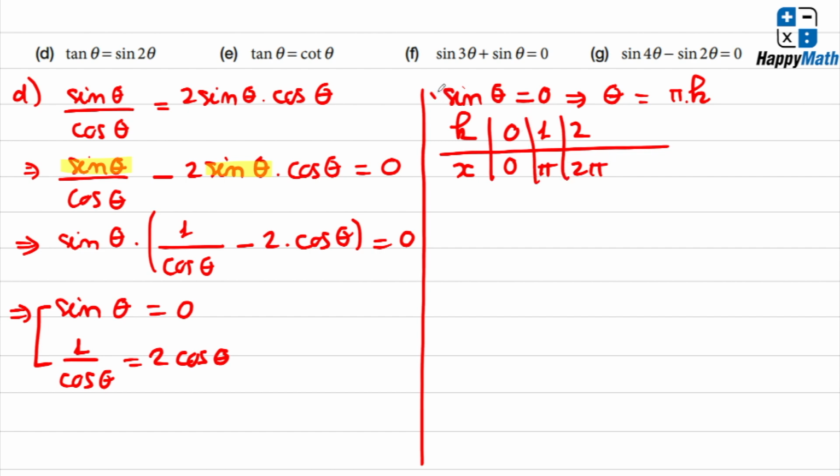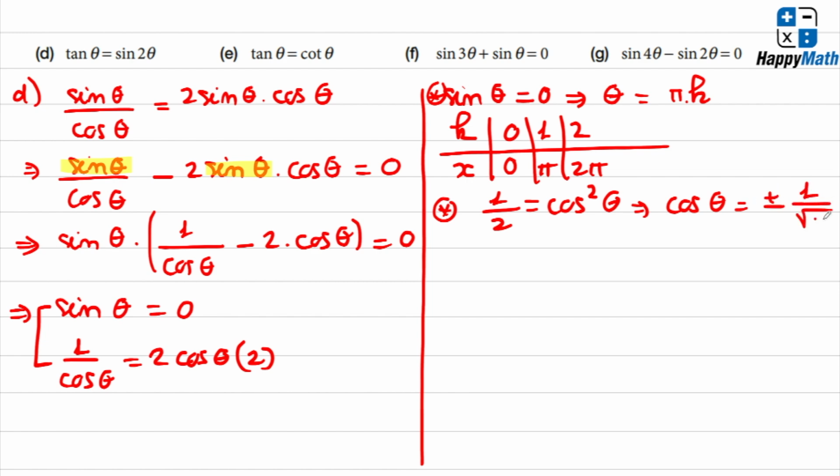Okay, that is the first solution. The next one is the second equation, and I will convert it a little bit. This becomes 1 over 2 equal to cos square theta. Then cos theta will become plus or minus 1 over square root 2. So I have two more solutions. The first one is cos theta equal to 1 over square root of 2, and the other one, cos theta equal to minus 1 over square root of 2.